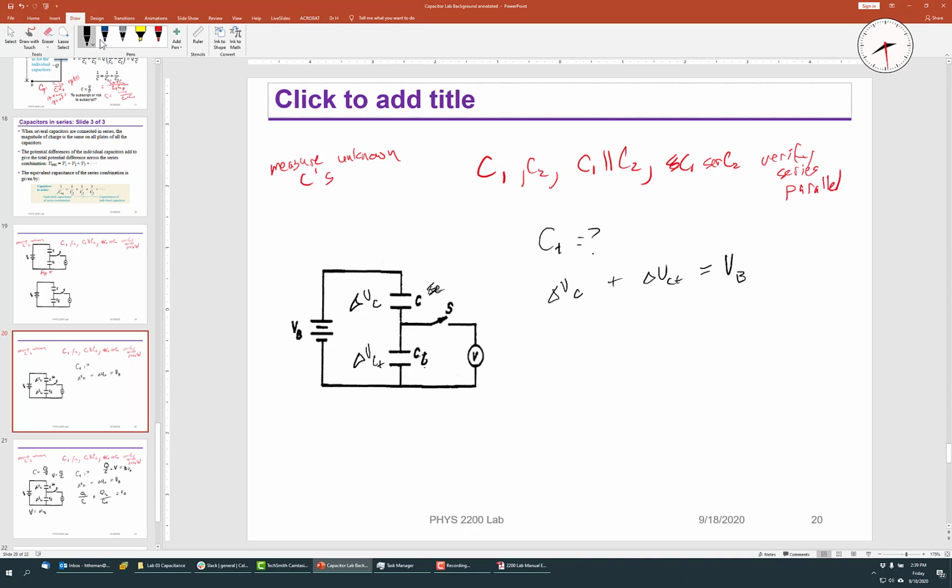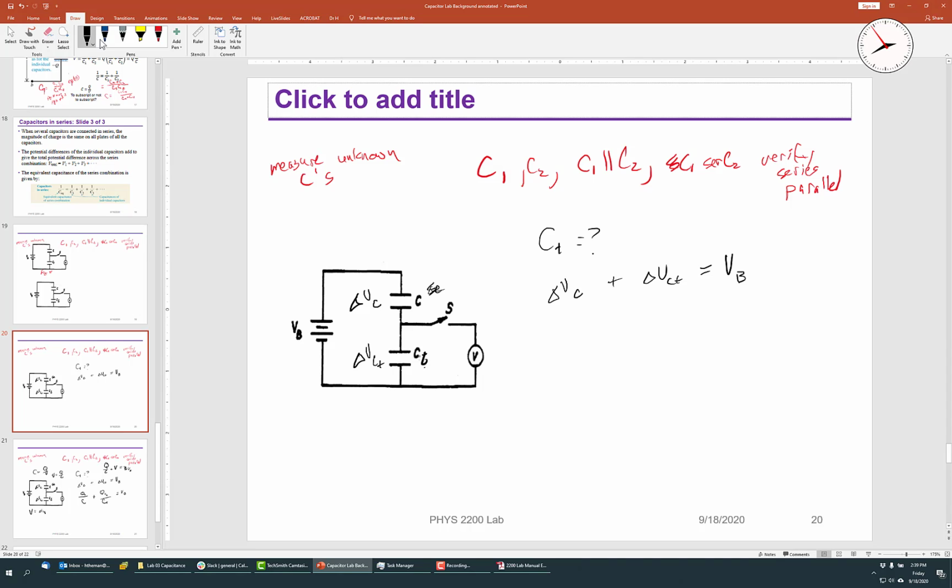Okay, so this is the basic circuit theory. The sum of the voltage drops of the circuit has to equal the battery. What we're interested in is getting an expression for C-test.